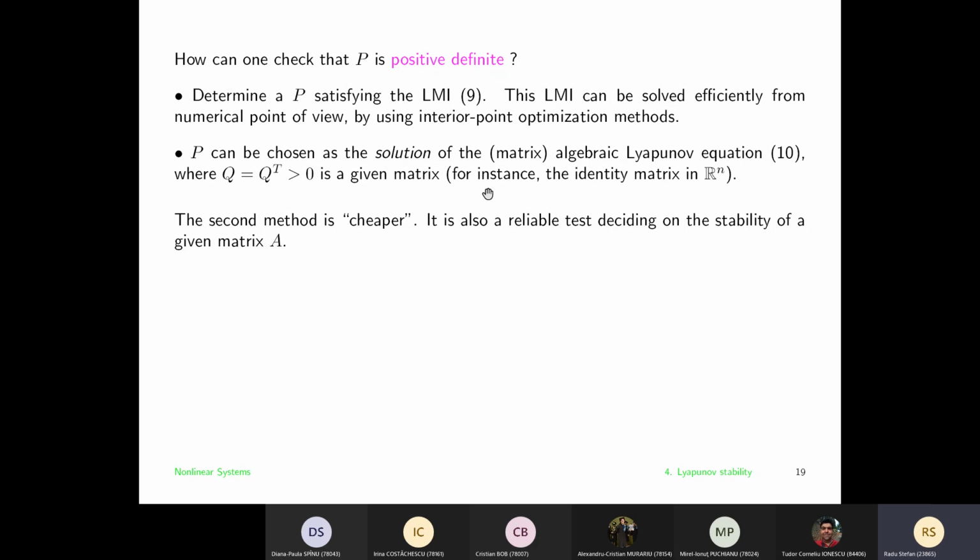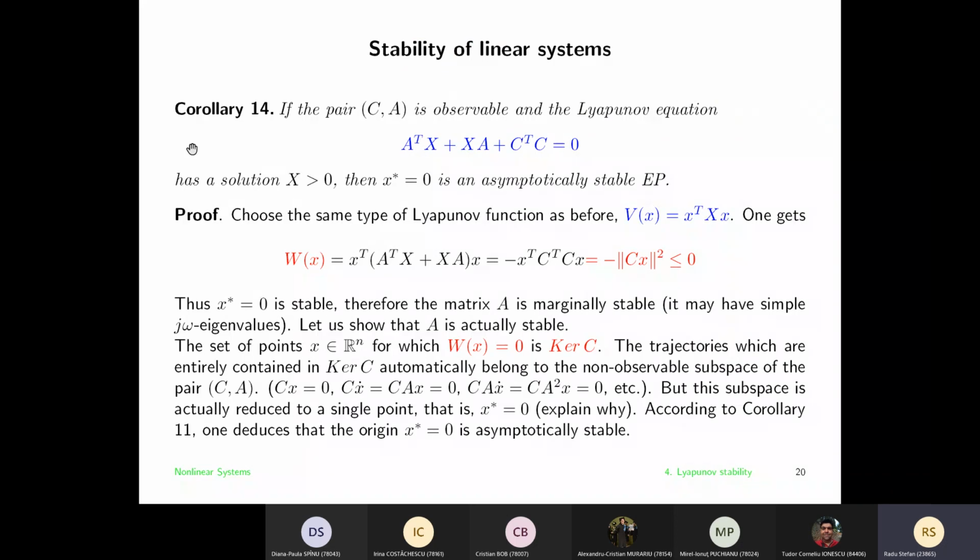The LMI directly brings you, if it's feasible, a P which is positive. Well, if you solve the Lyapunov equation, you still have to check that P is positive definite. If we have 5 minutes at the end, I will show a little bit on that matter.